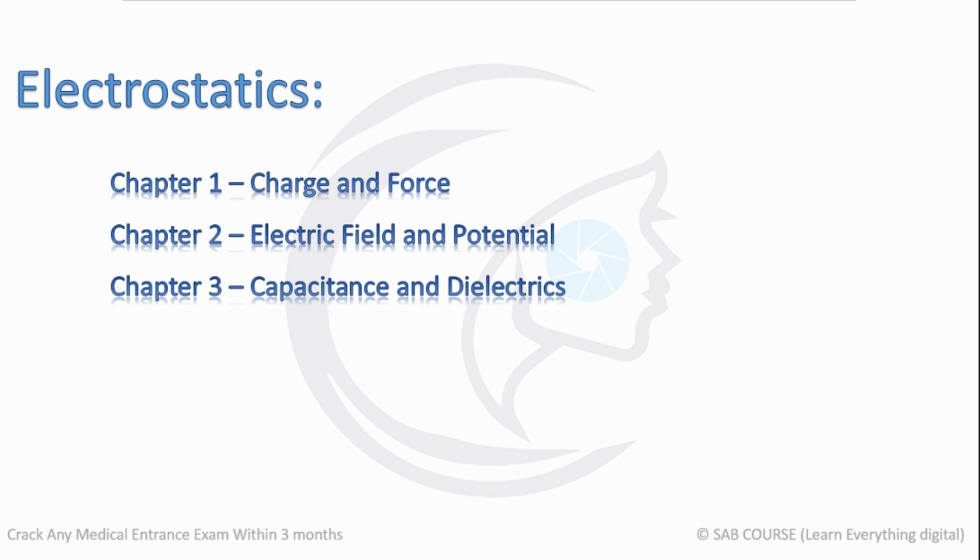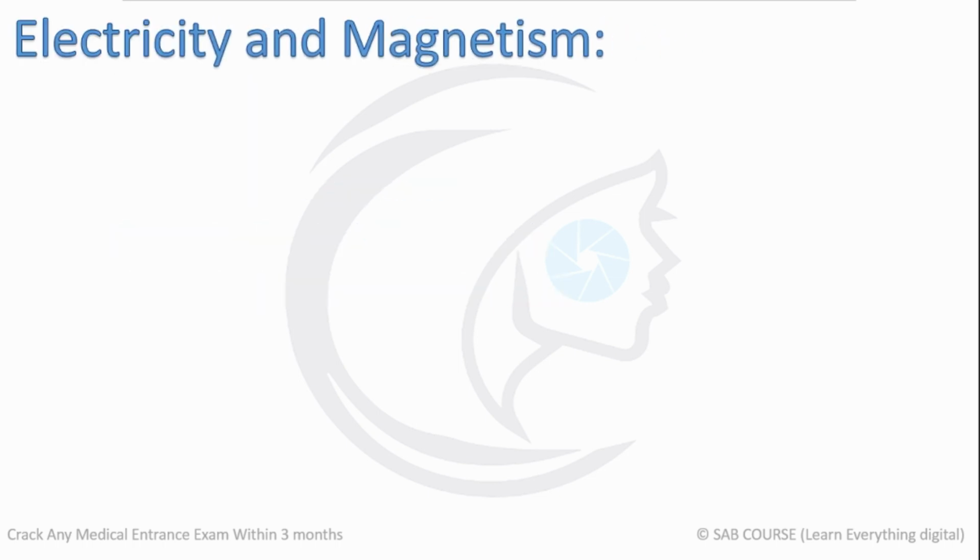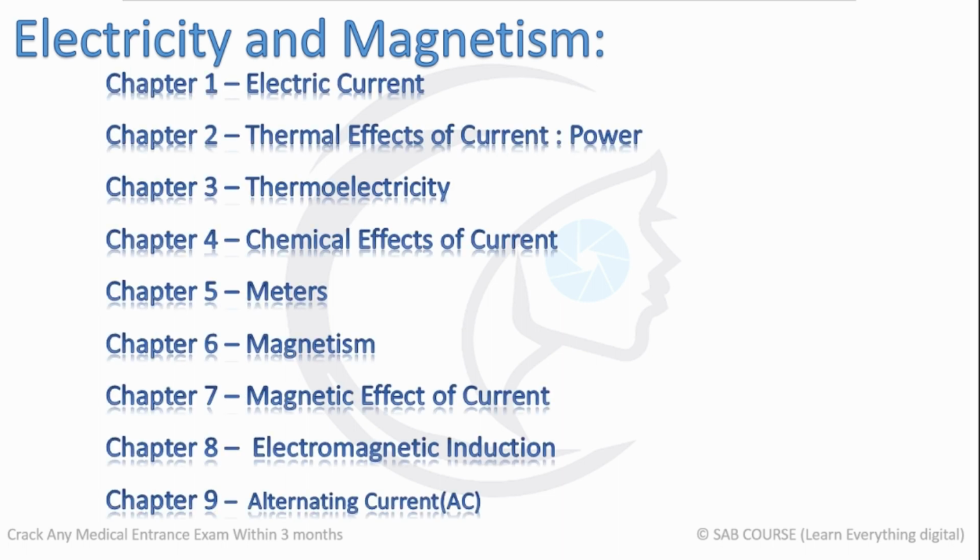And section 6 is electricity and magnetism. It has altogether 9 chapters, which are electric current, thermal effect of current and thermoelectricity, chemical effect of current, meters, magnetism, magnetic effect of current, electromagnetic induction, and finally alternating current.